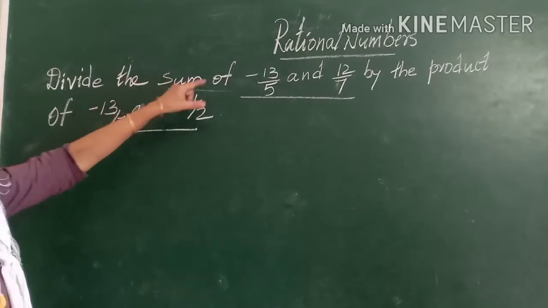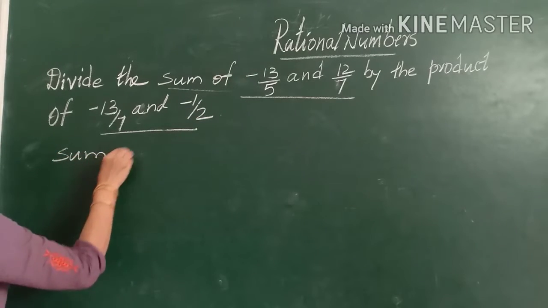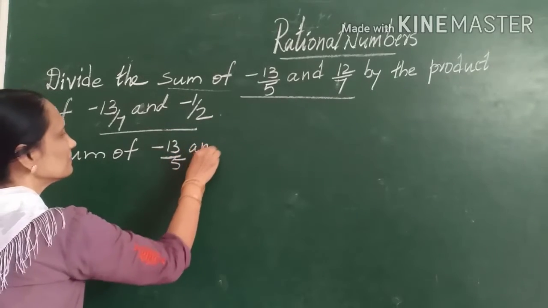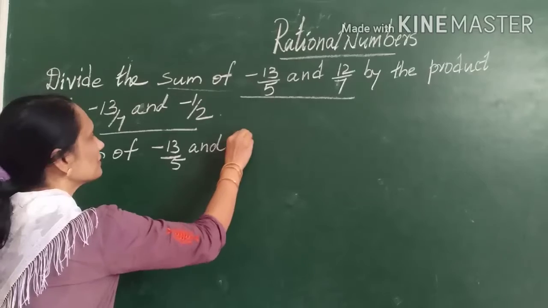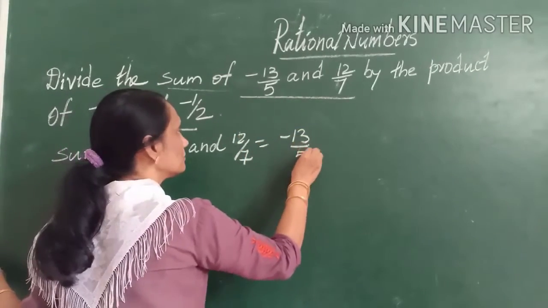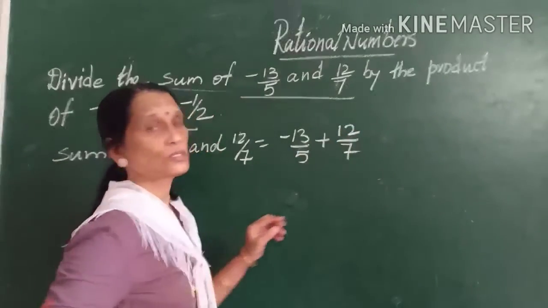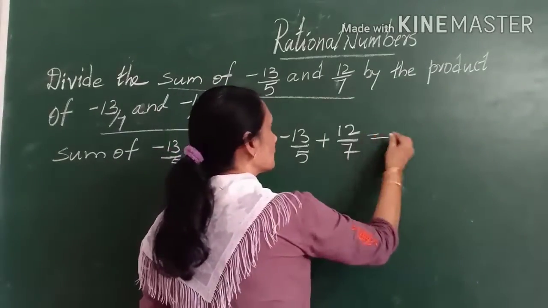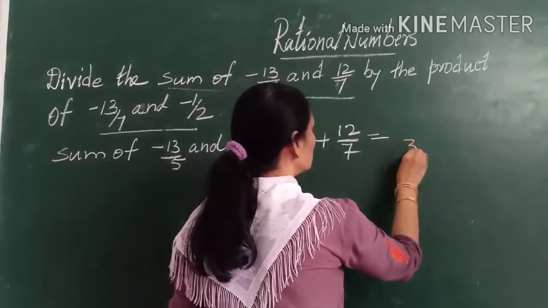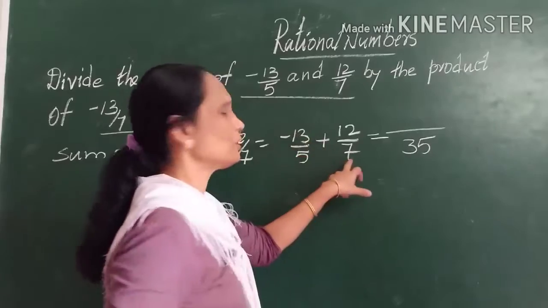So first of all, let us find out the sum. Sum of minus 13 by 5 and 12 by 7 is equal to minus 13 by 5 plus 12 by 7. So here 5 and 7, LCM 35. Okay, we can cross multiply these two.